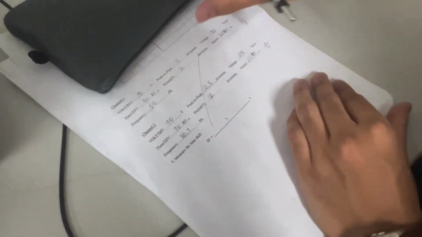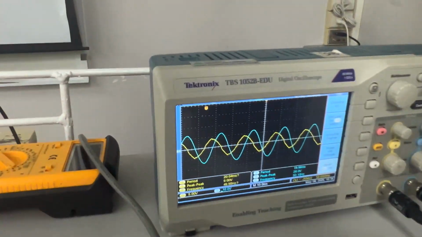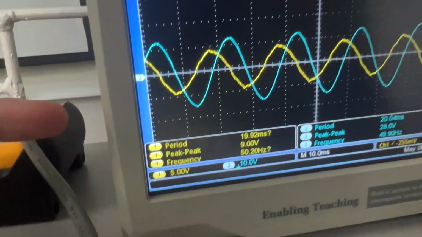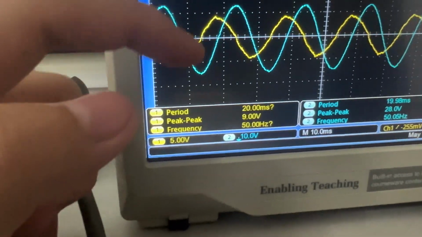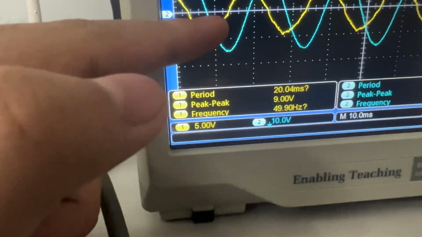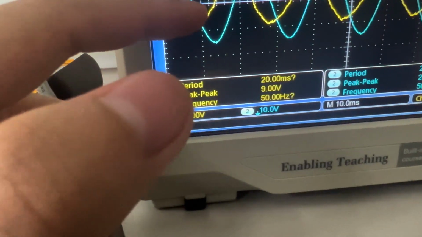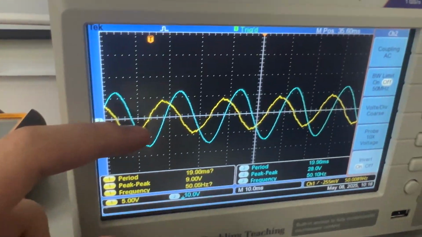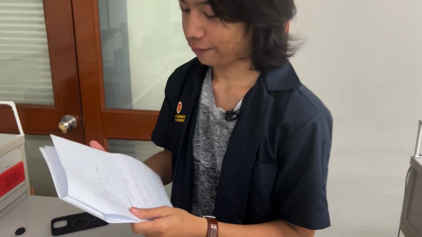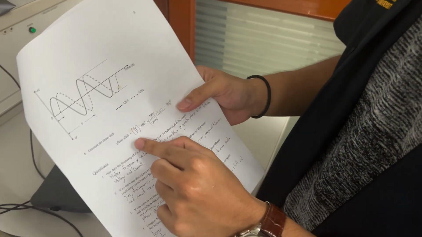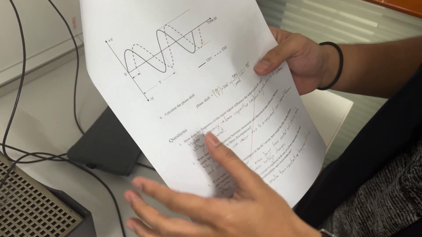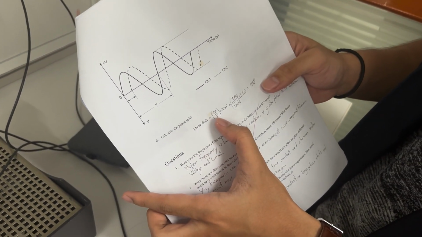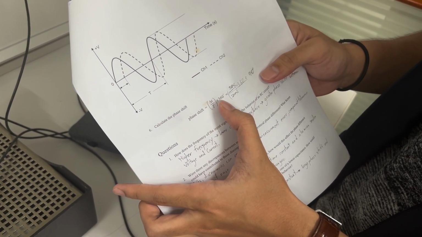Yeah, it's 50 hertz. And the delta t is the difference between the two waveforms from channel 1 and channel 2, which for this we can count by the slash here. It's around 5 divisions, 5 times. Okay, so for the phase shift, we have this formula, which is delta t divided by T multiplied by 360.